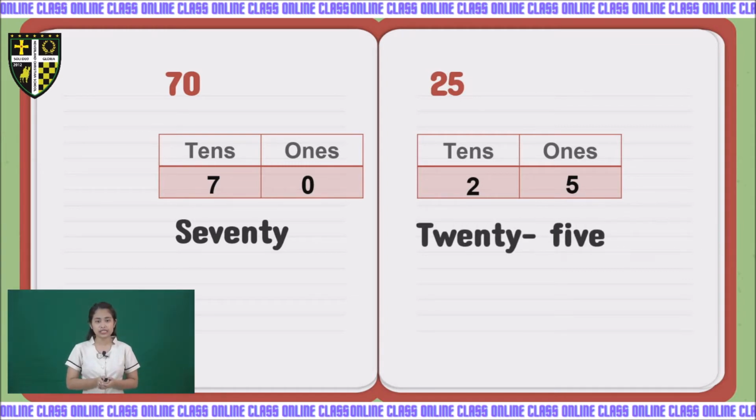So as you can see, 70 has no hyphen because the ones is just 0, so the value is none. Again, the value of 0 is none, so we will not use any hyphen. But in 25, the ones place value has a value of 5, so we use the hyphen.